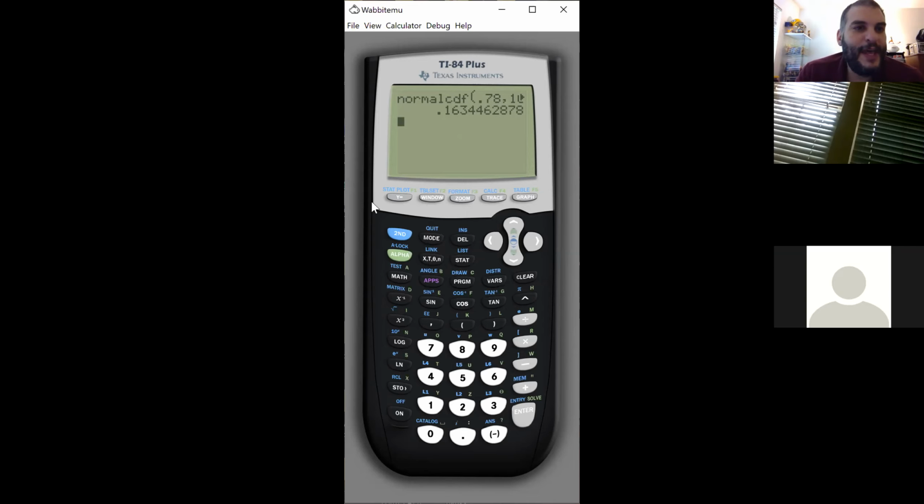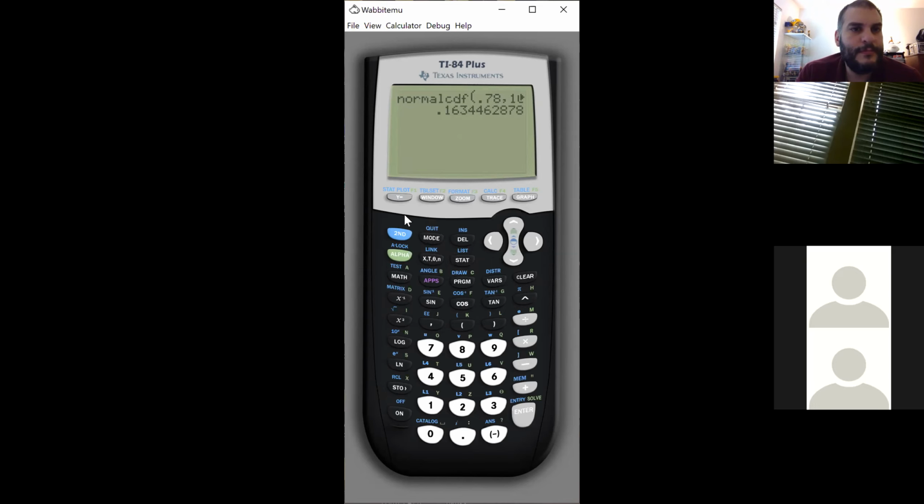All right. Any questions so far on how I enter it into the calculator to get 0.1634? What answer did you get? Here, let me double check what I answered.